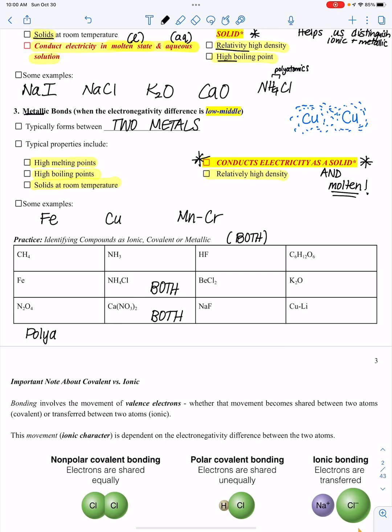Polyatomic ion compounds contain both covalent and ionic character.